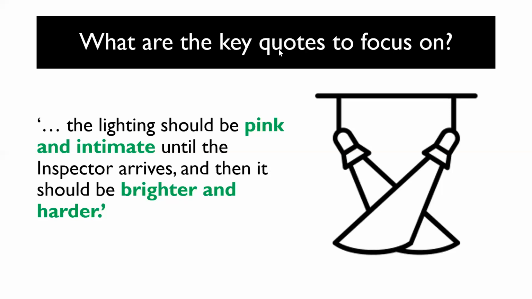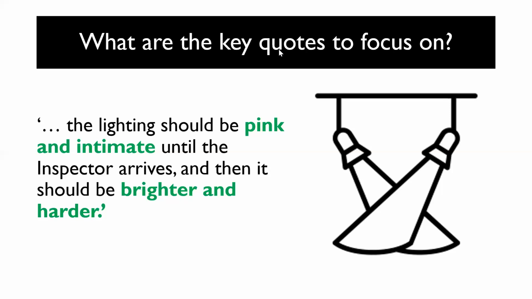But the key thing to focus on in analysing this quote is the juxtaposition between the lighting before the inspector arrives and how that completely contrasts when he arrives, and we get the words brighter and harder used to describe the lighting.